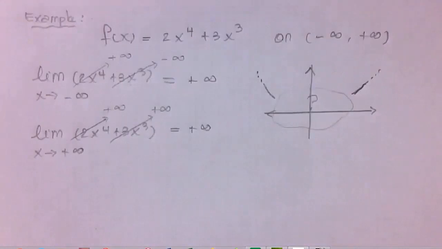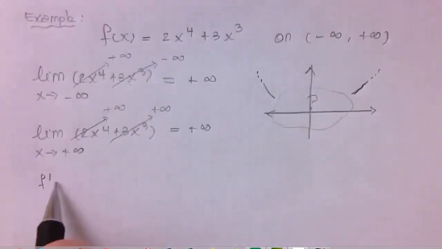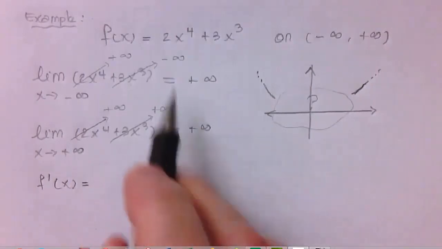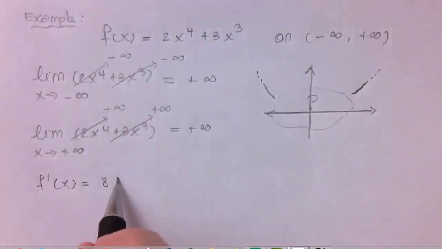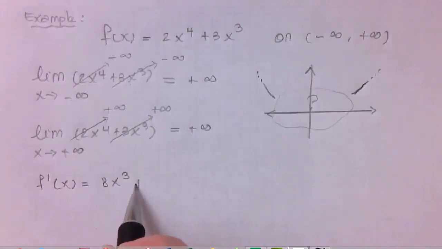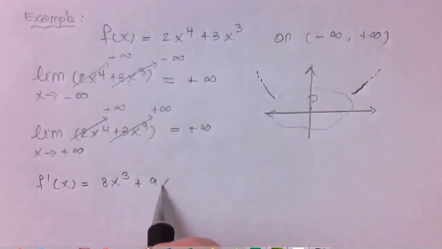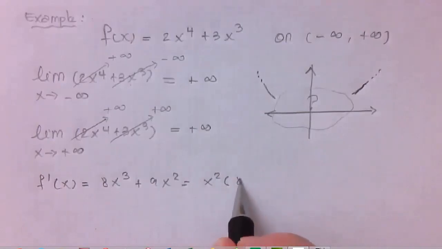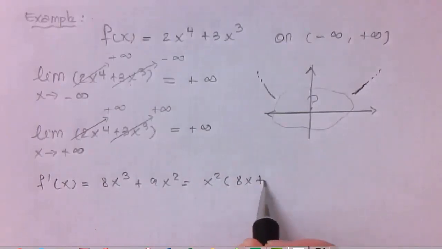So what we should do now is find the derivative to find out the critical points. The derivative is going to be 8x cubed plus 9x squared, and we can factor x squared that multiplies 8x plus 9.